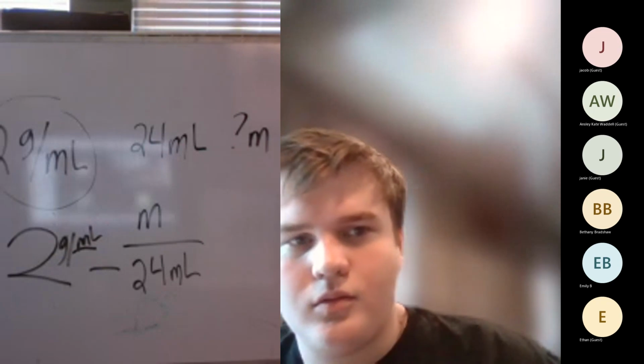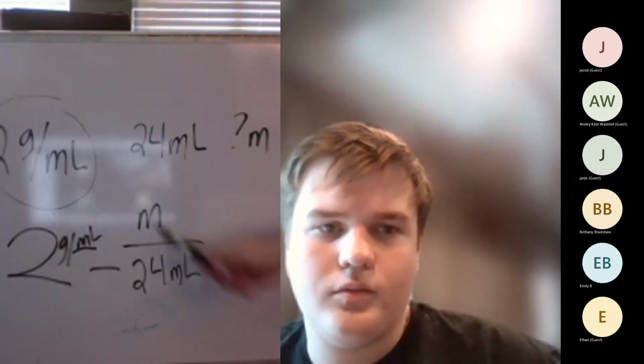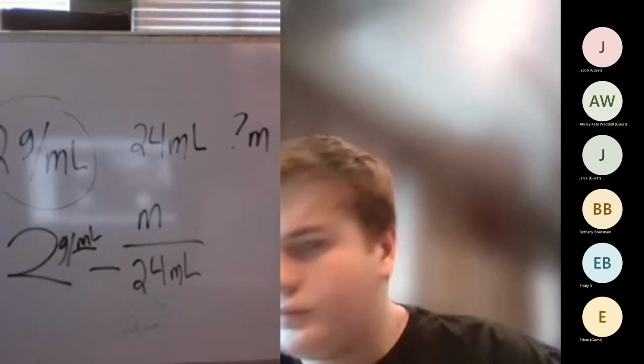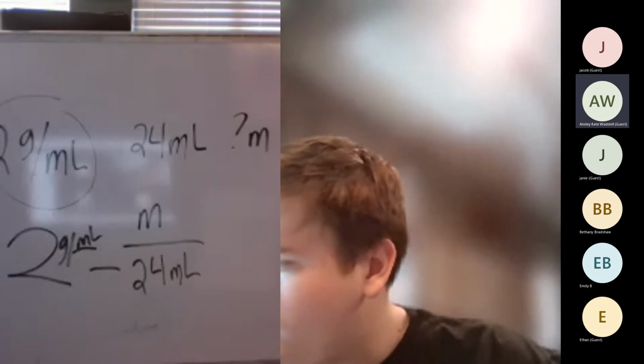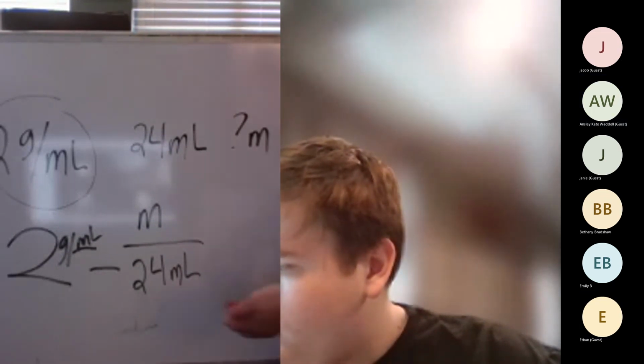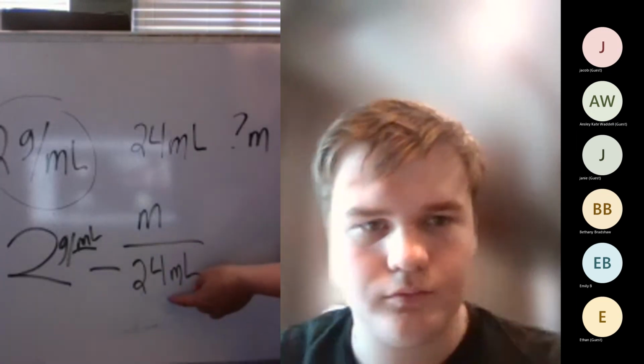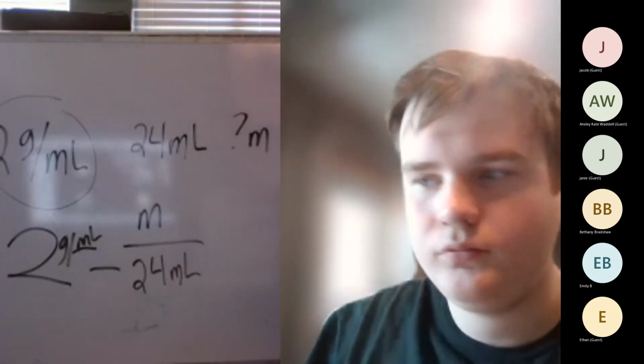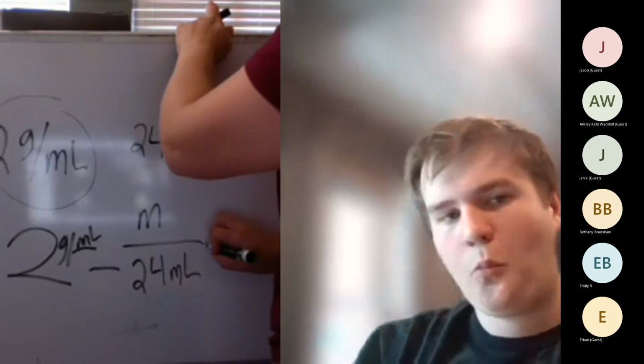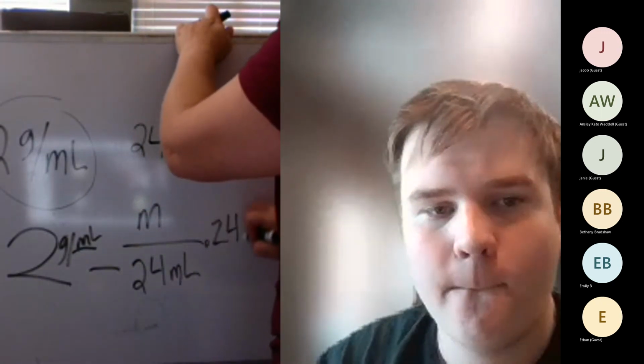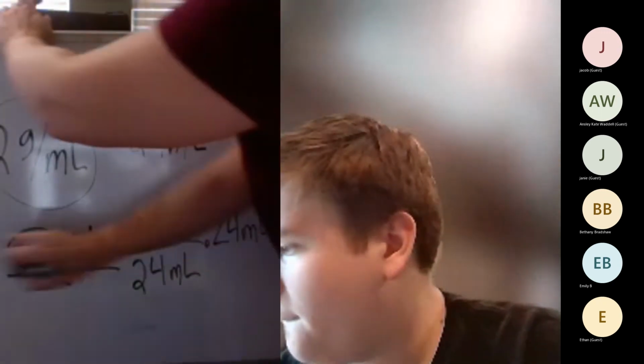In math, how do we undo this and get M all by itself? Multiply. Yeah, so I do the opposite, right? So here I'm dividing by 24. So if I want the 24 to go away, I've got to multiply both sides by 24 milliliters.